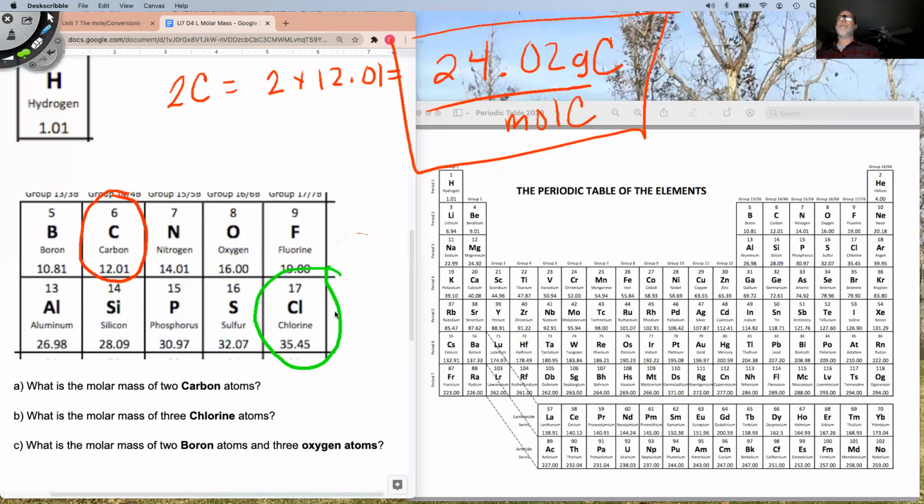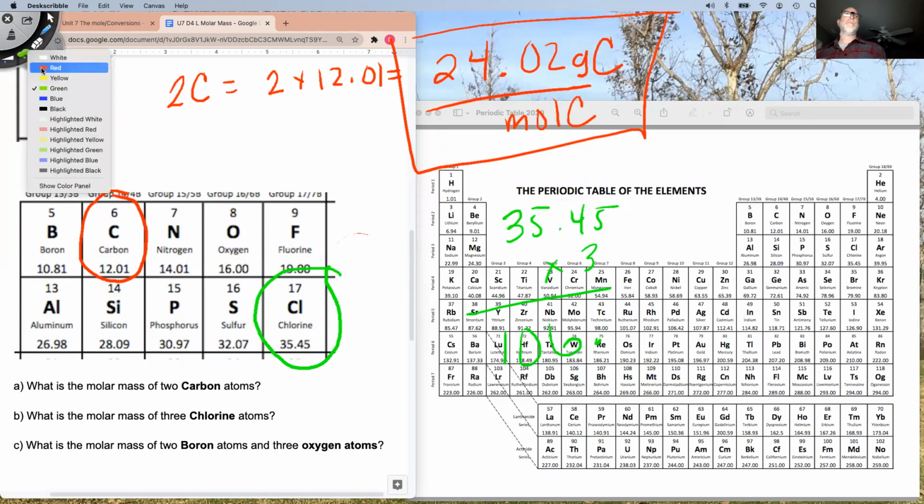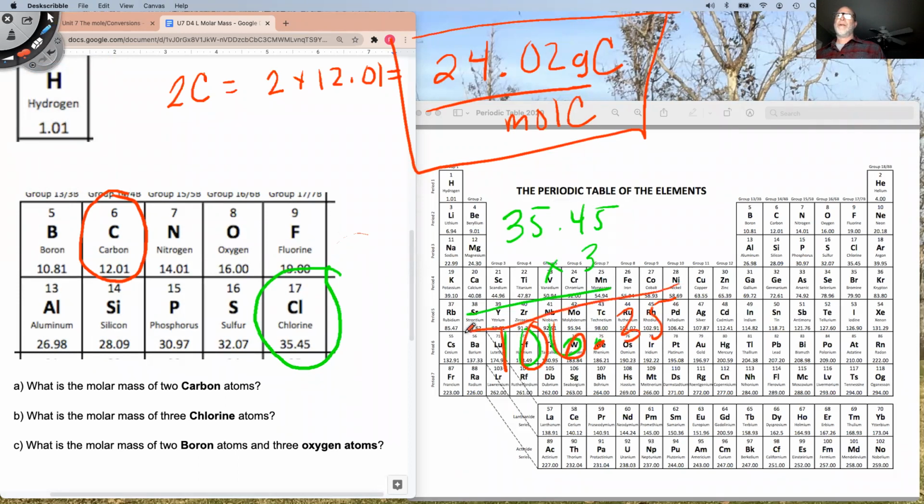But 35.45 times 3 equals 106.35. That would be your full answer, and that's the answer we want for 2 decimal places.